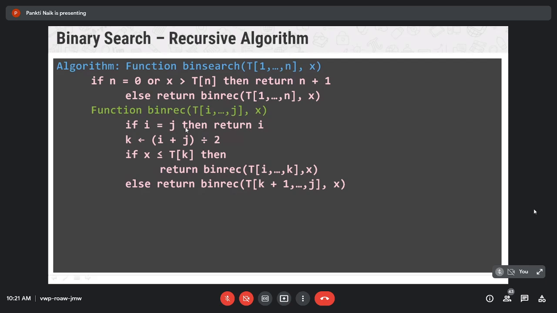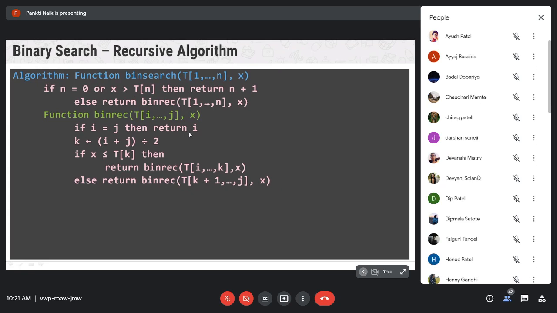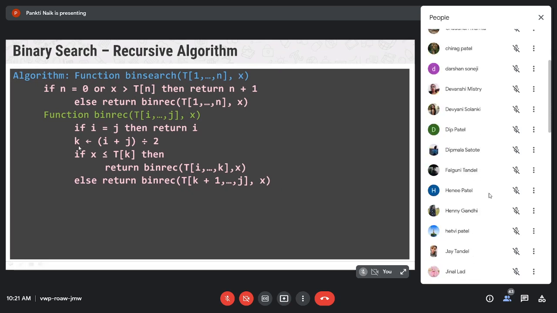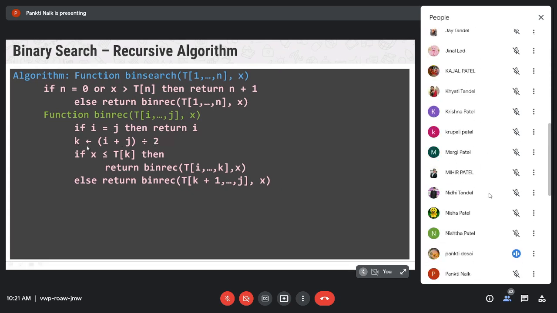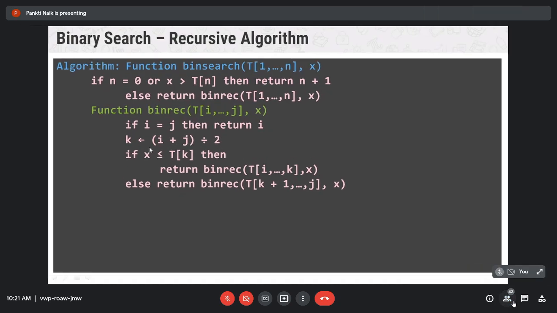Now, if i is equal to j, then return i. It means whenever you get the value of i equal to j, it means you found the position for the requested key element, then return the value of i, return the position of that particular element. Right? Now, first find the midpoint value. So that is k is equal to (i plus j) divided by 2. Right? Then check the condition. If the key value is less than the midpoint value, then call this function.